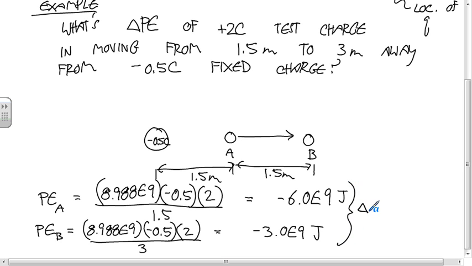And so the change in potential energy in going to B from A is equal to negative 3 times 10 to the 9 minus negative 6 times 10 to the 9. So you get an answer of positive 3 times 10 to the 9 joules.